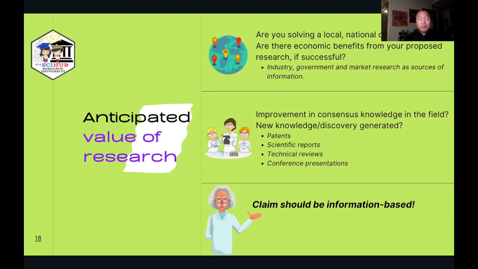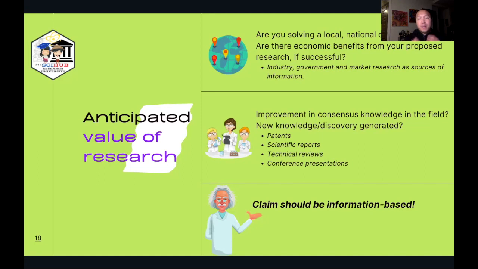It could just be that you're contributing to fundamental science knowledge, and you should be able to highlight that as well. How do you substantiate such impacts? You can refer to patents, scientific reports, and technical reviews that would put into context why your result is really of importance.